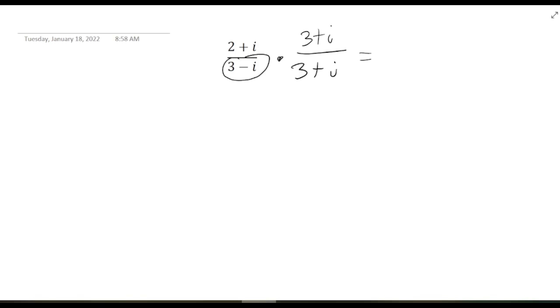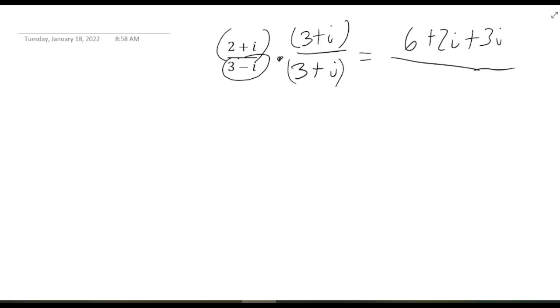And then from here, we're going to FOIL, right? We're going to FOIL these two complex numbers on top and then these two complex numbers at the bottom. So let's do it out. 2 times 3 is 6. And then outer would be 2 times 2i. And then inner plus 3i. And then last would be plus i squared.